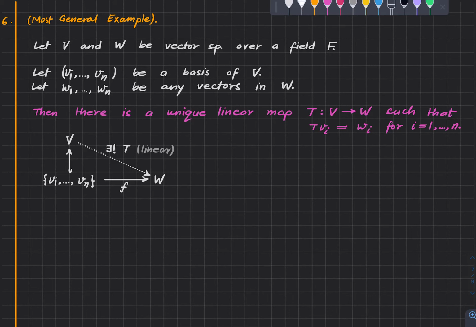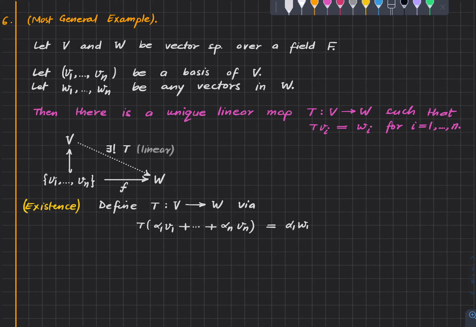Okay, so first we should prove existence. Existence will be by construction. So just define T from V to W by declaring T of alpha 1 v1 plus ... plus alpha n vn to be equal to alpha 1 w1 plus ... plus alpha n wn for all scalars.